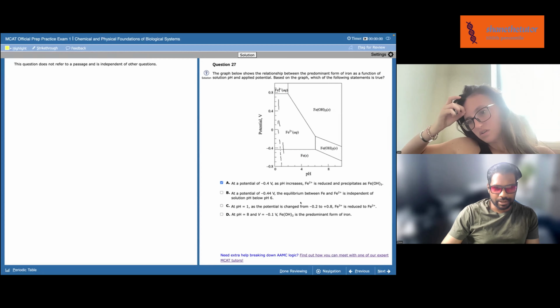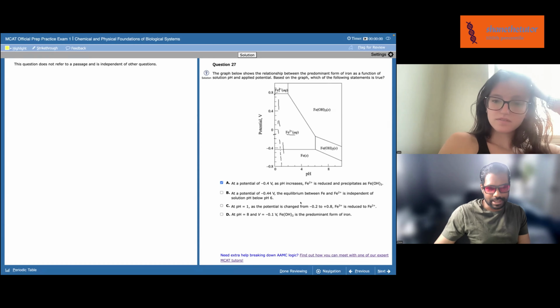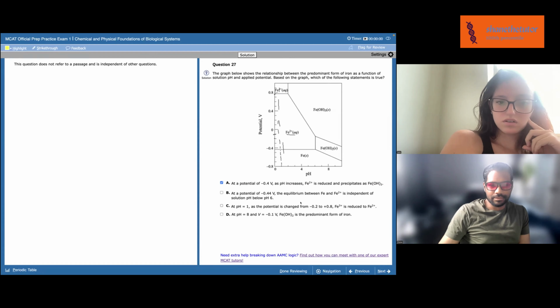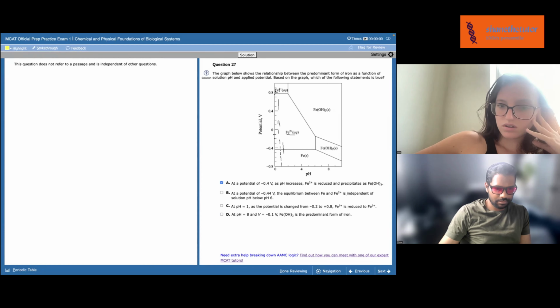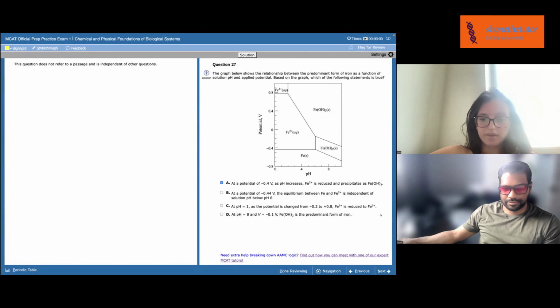Negative 0.2 to positive 0.8, and the Fe2+ doesn't change, so that's out. And then D: at pH 8 and a potential of negative 0.1, it's Fe(OH)3, not Fe(OH)2. Yep, so B.